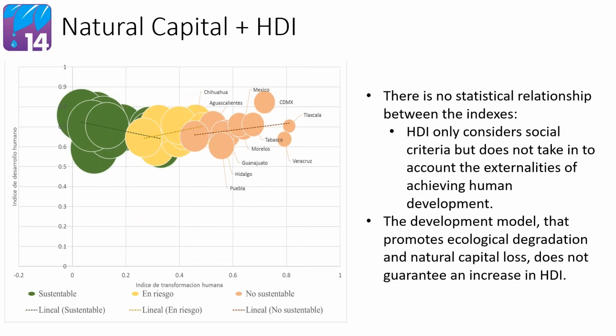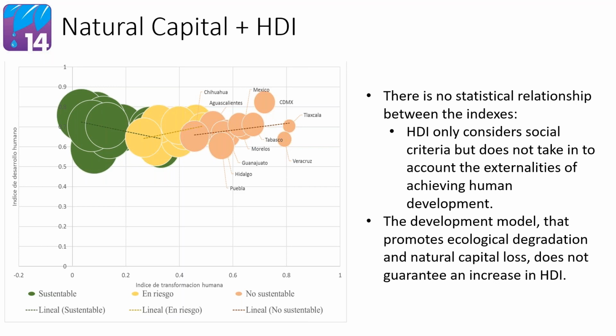So we tried to combine both indexes, and we didn't find a statistical relationship between them because the HDI just considers social or economic criteria, but doesn't take into account ecological criteria, and doesn't take into account externalities of achieving human development.